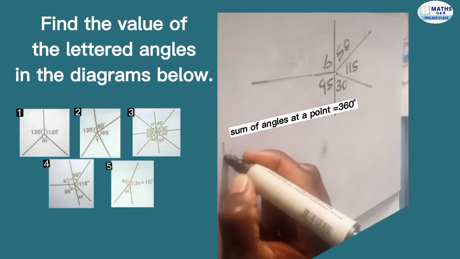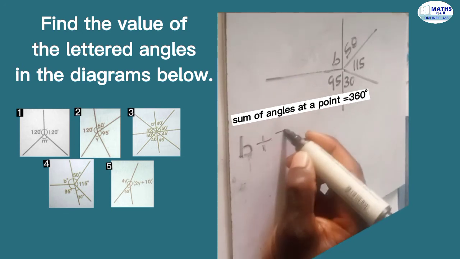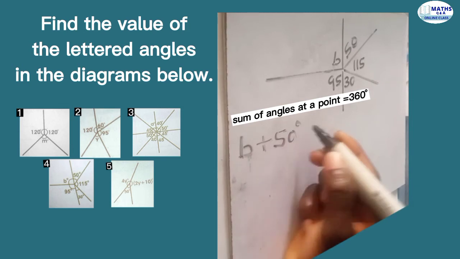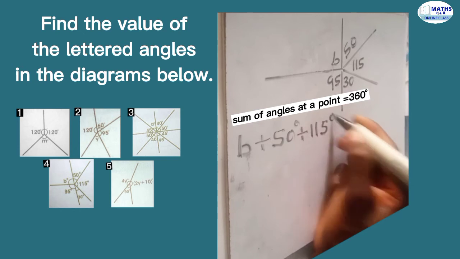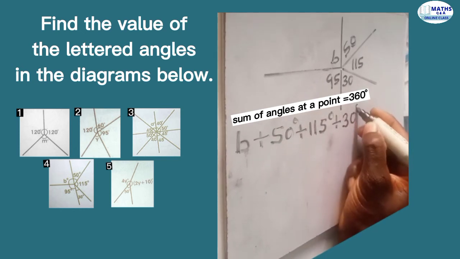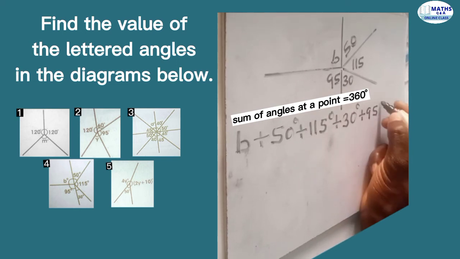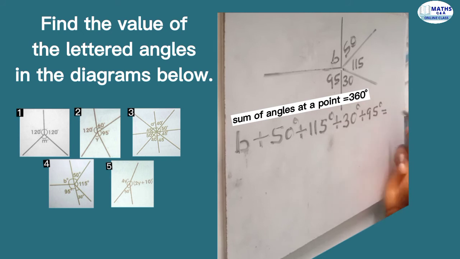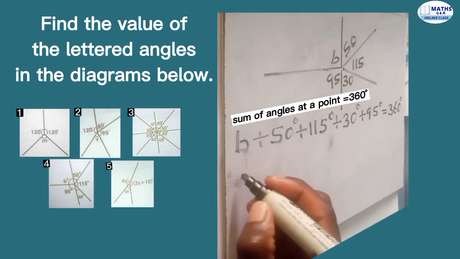We write all the angles: B plus 50 degrees plus 115 degrees plus 30 degrees plus 95 degrees, and all of these will be equal to what? 360 degrees.